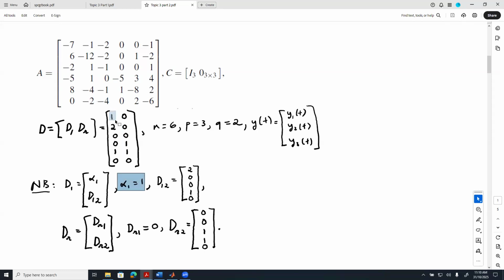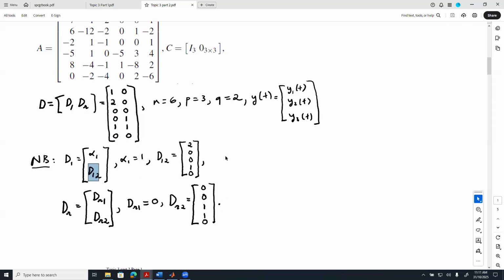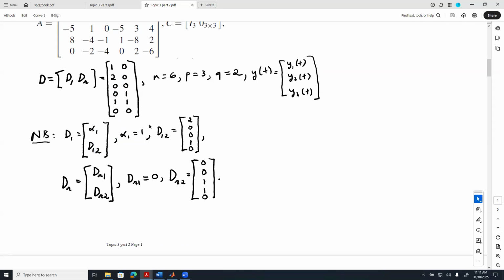And so when we look at this column matrix, we position it to alpha 1 and D1,2. And so the rest of them, you can easily see. So you have DR consisting of DR1 and DR2. It's just a column, so DR1 is simply 0 here.